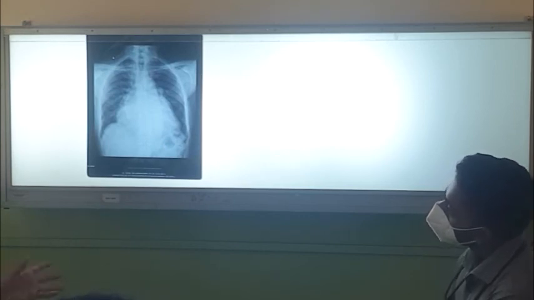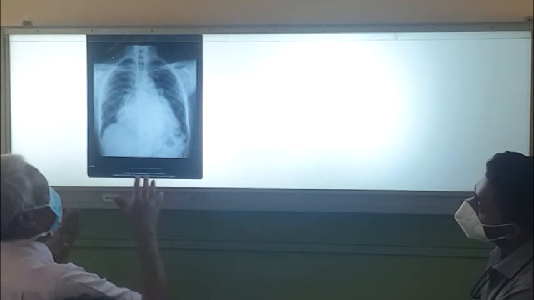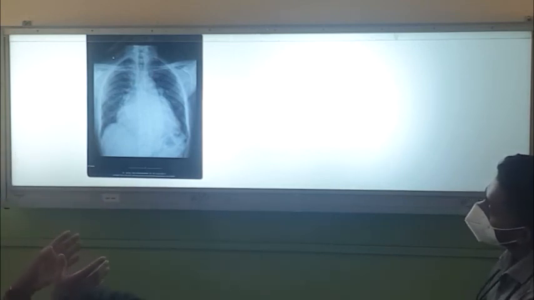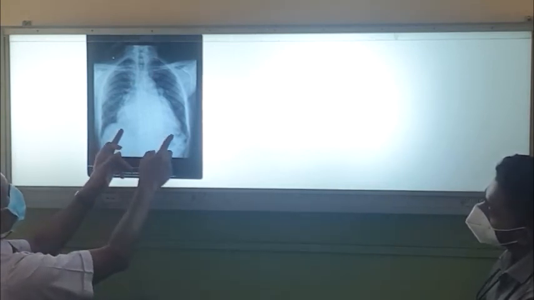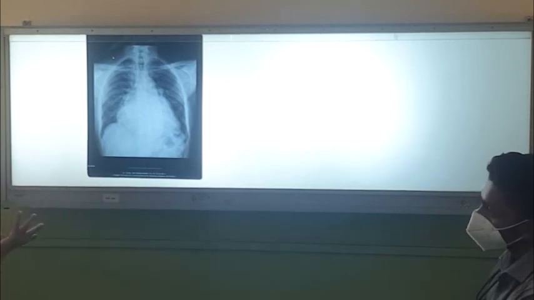What about the lungs? All right? And your cardiac shadow should be less than 50% of the width of the chest. So this is a very big heart. Now look at the heart.